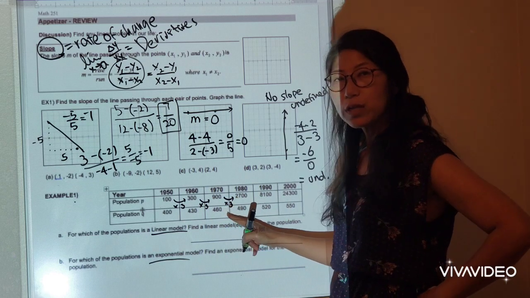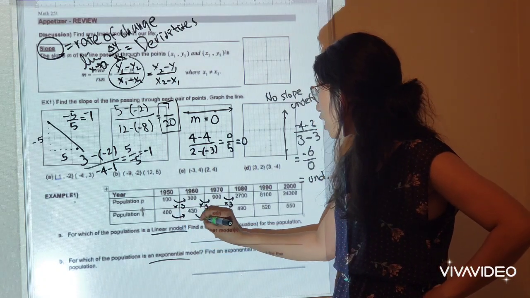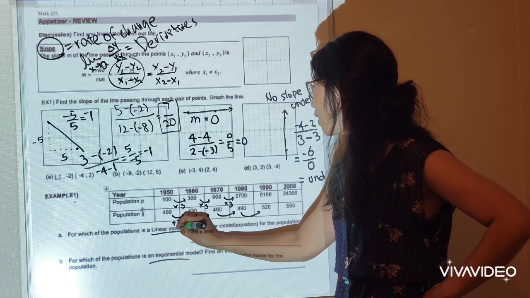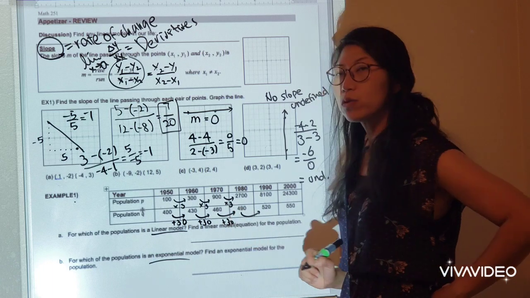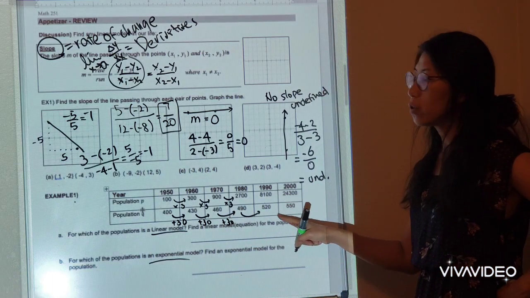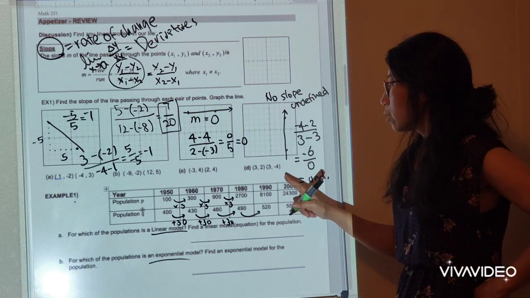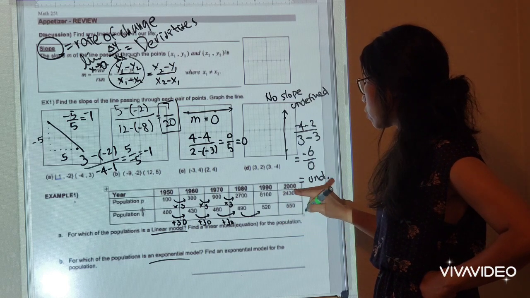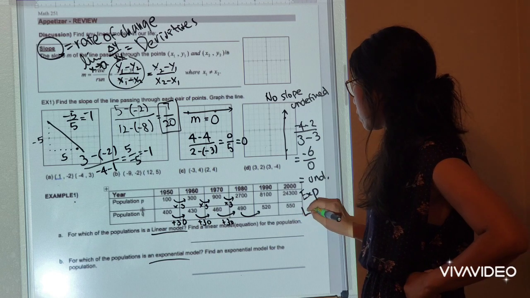And if you look at the population Q, each time the population is added by 30. I want you to see the differences between these two. One of them is exponential, one of them is linear. When the population multiplies, this is going to be the exponential function, and this is going to be the linear function.